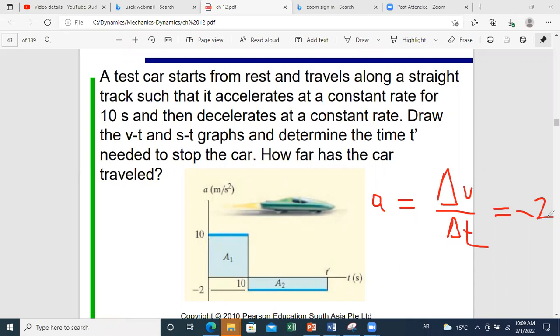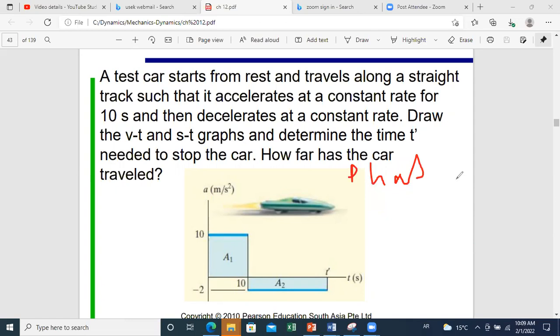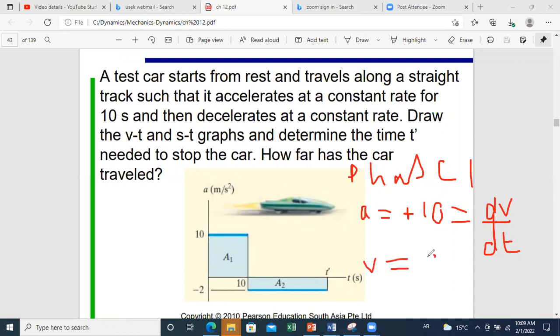Okay, so if you want to use the analytical method, not a graphical one, you say that in phase 1, I know that the acceleration is plus 10. And I know that by definition, the acceleration is the derivative of velocity with respect to time. So then I can say that v is at plus v0.